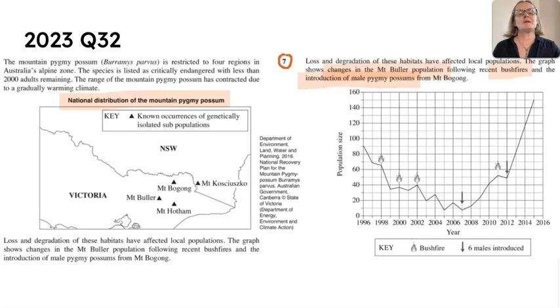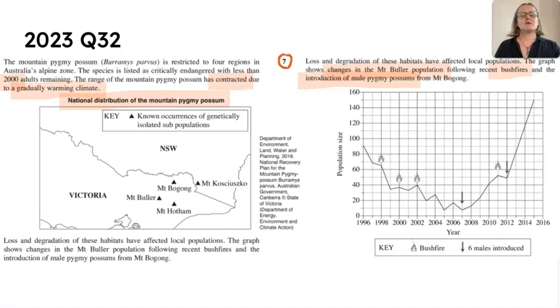So the mountain pygmy possum is restricted to 4 regions in Australia's alpine zone. The species is listed as critically endangered with less than 2,000 adults remaining. And the range has contracted due to a gradually warming climate.